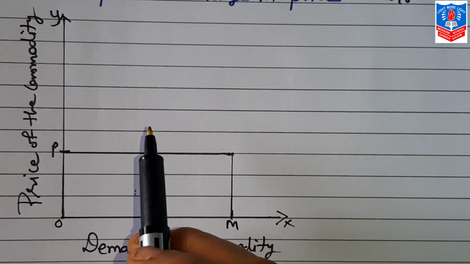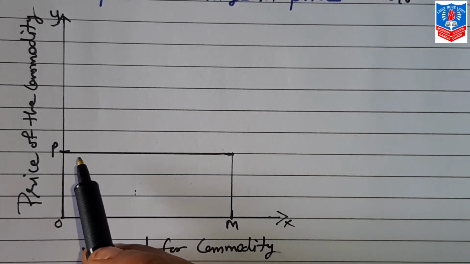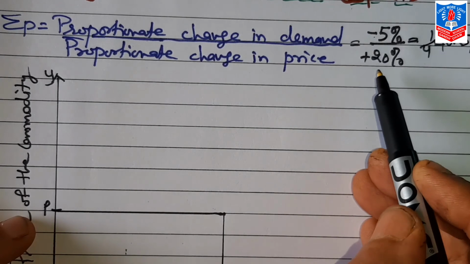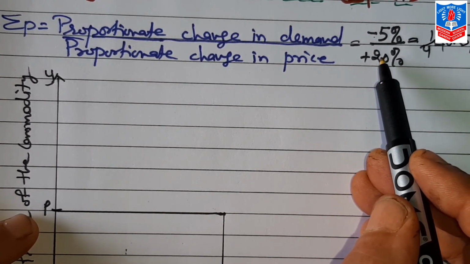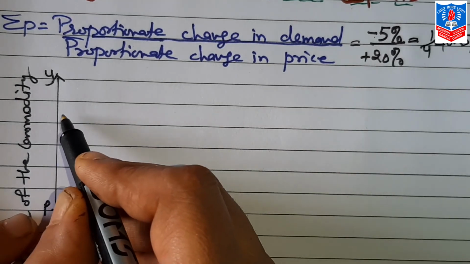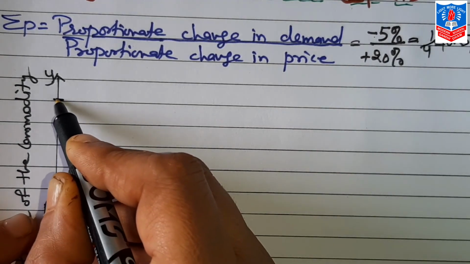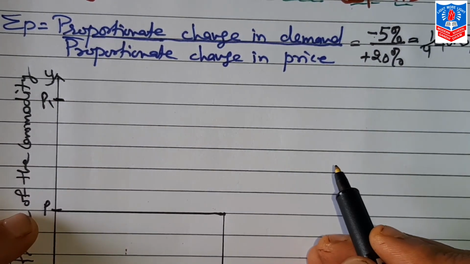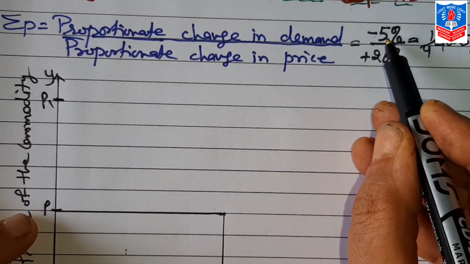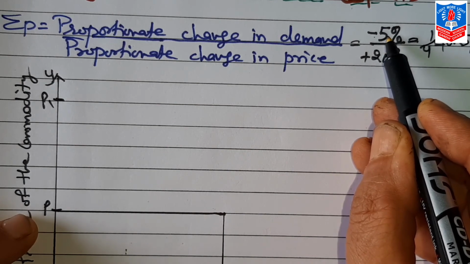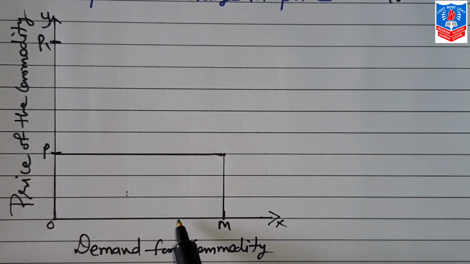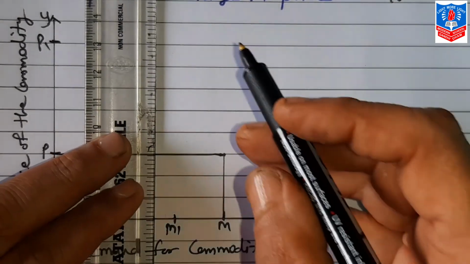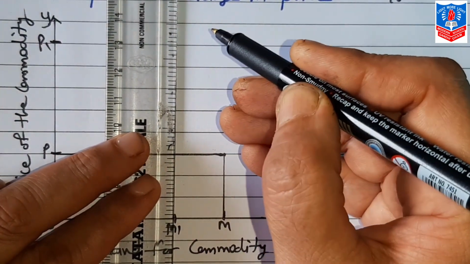Now in this example which we discussed, the price increases by 20%, because the positive sign is there. That means if I show it, say this is P1, and because of which there is a decrease in the demand, that is 5%. So here I take it as M1. So now when we join this, in what way do we get it?